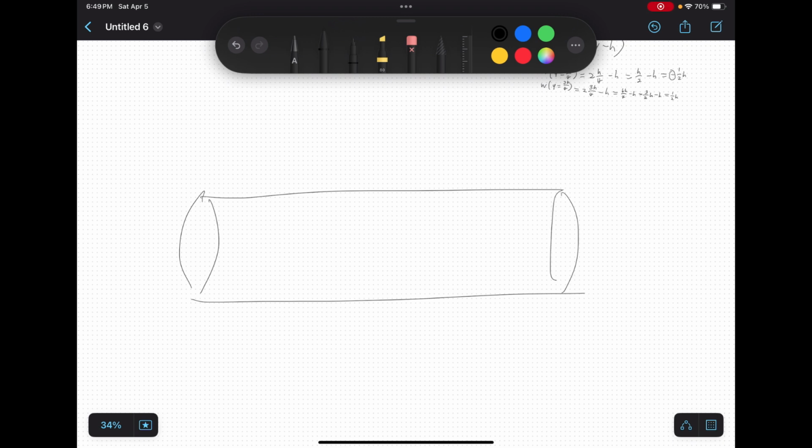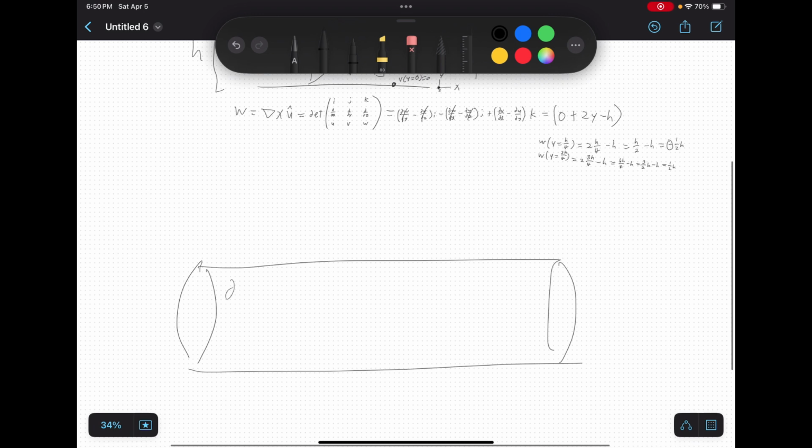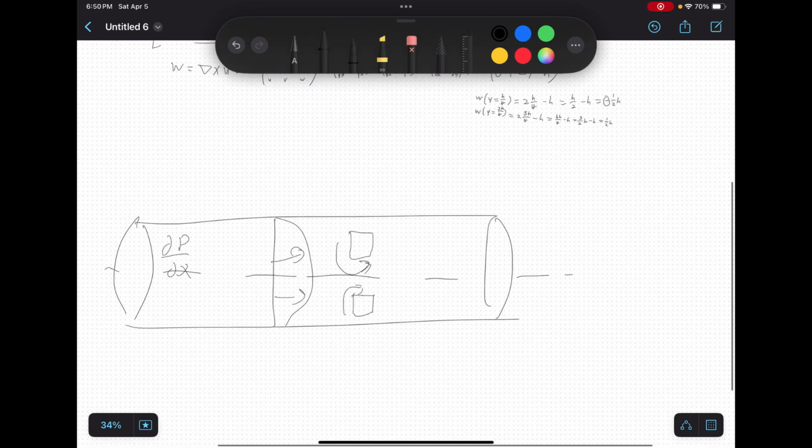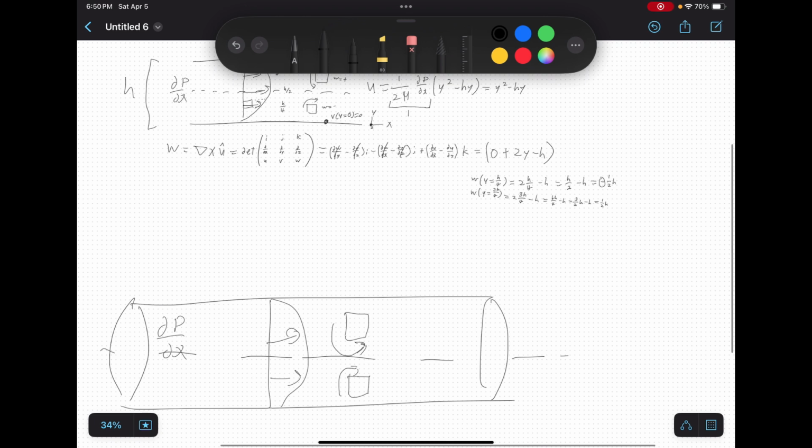And it's pressure driven again. So dp dx. There's the center line, and it'll look similar. The equation won't be the same, but it'll look similar. You'll have it like that. And you will expect to have the vorticity spin it like that. And it will, but the math for it is a little bonkers.